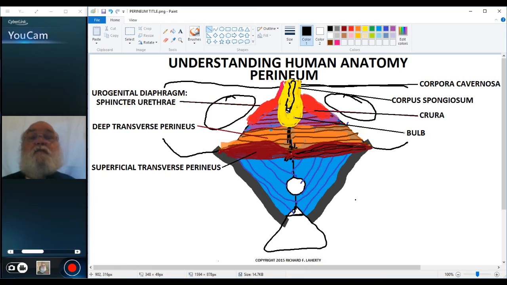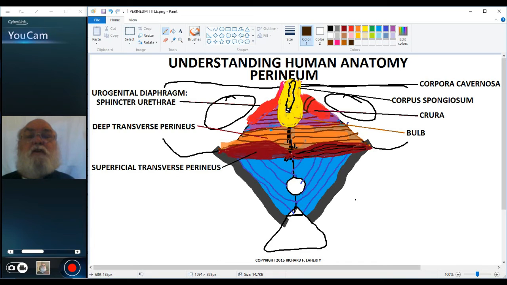Now, there are two more muscles associated with the erectile bodies. And we'll sketch those in brown. And we have paired muscles around the crura.